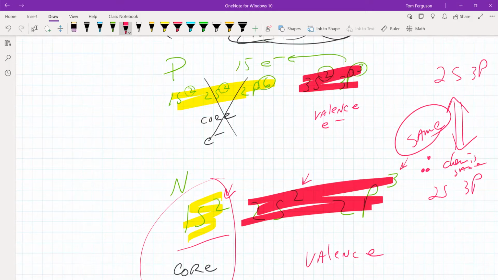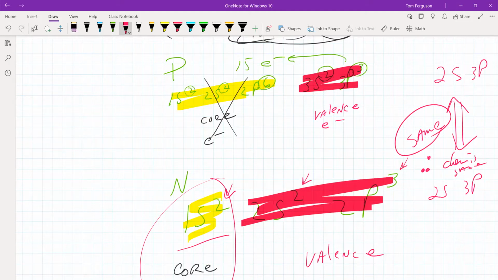Phosphorus compounds are all over the place in your body, and they're used interchangeably because the chemistry is the same, because the configuration of their valence electrons is the same. Now, what's different between the two? Well, phosphorus has more electrons. That means it has more core electrons.